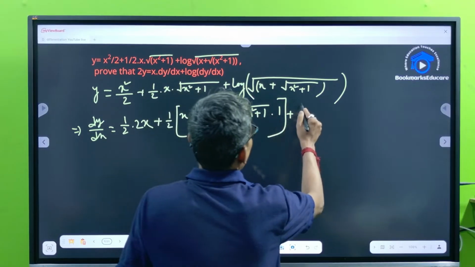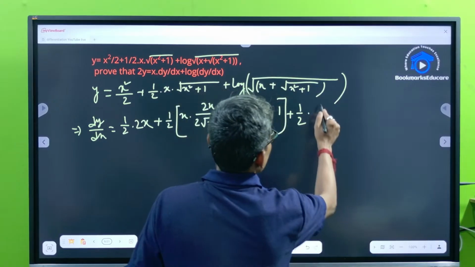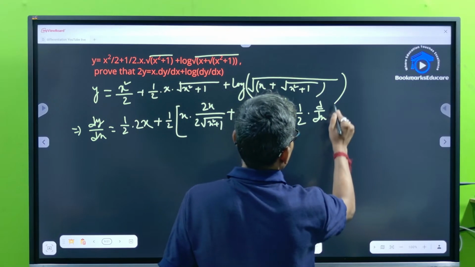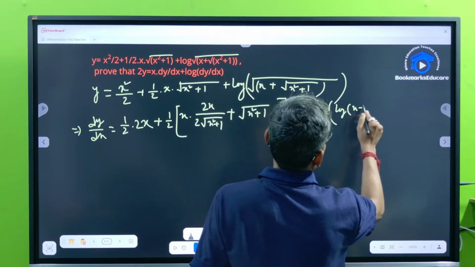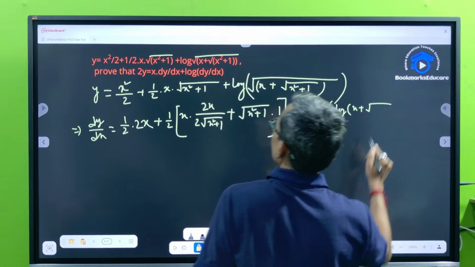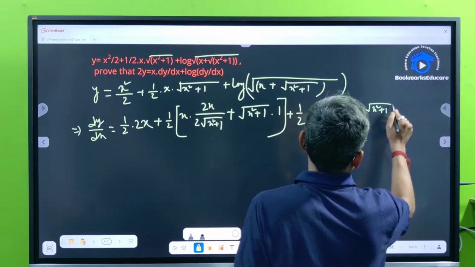So half will come, half into d/dx of log of x plus root over of x square plus 1.